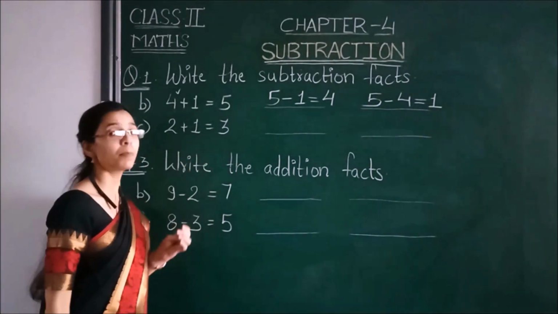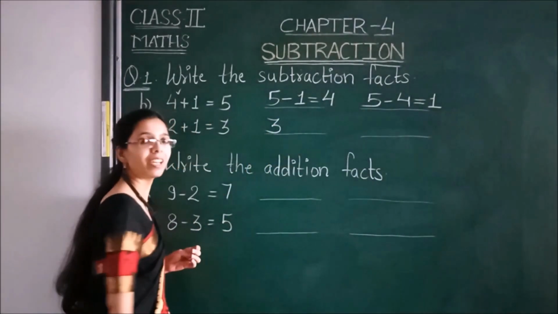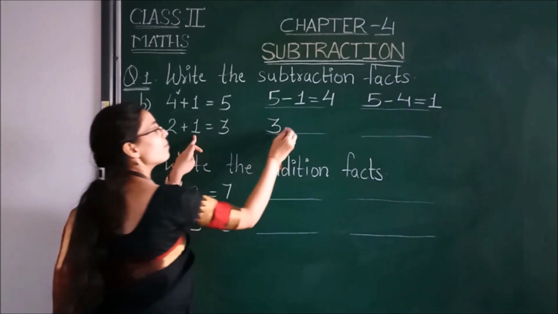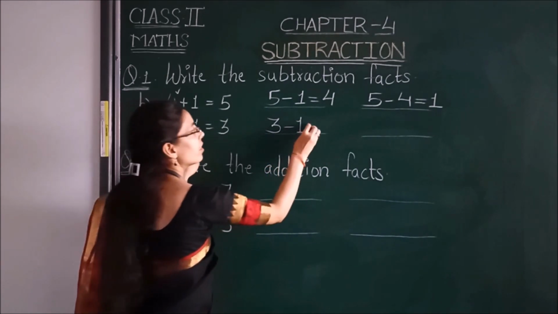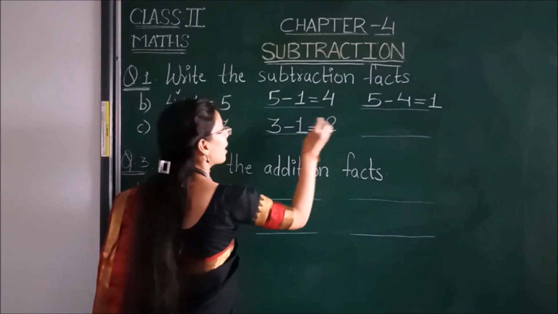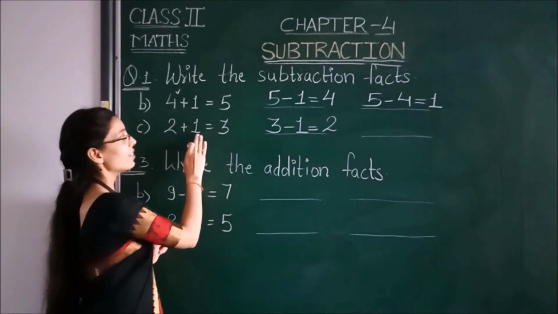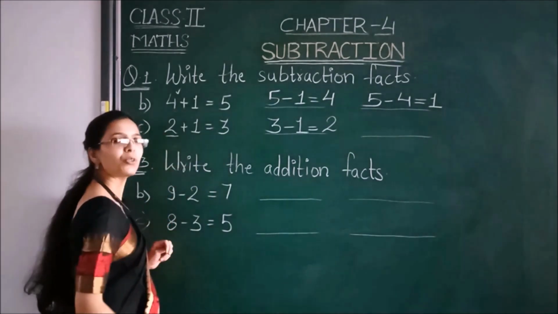Which number is bigger here? 3. So first we will write the bigger number. Then take one number. 3 minus 1 is equal to 2. When we subtract this 1 from 3, we will get 2.